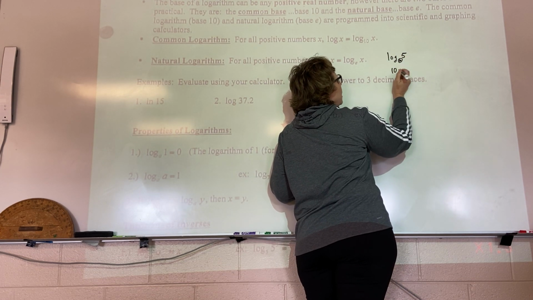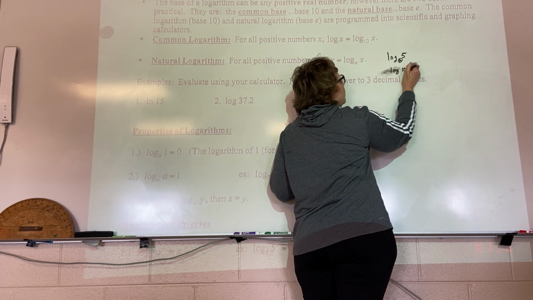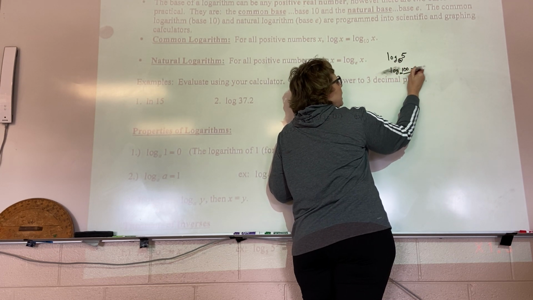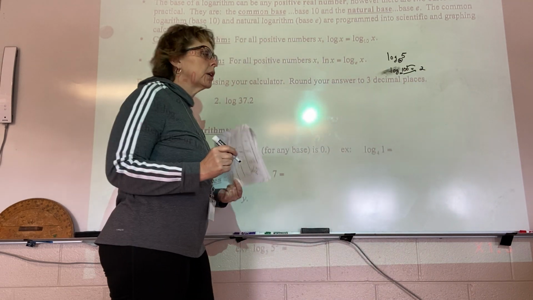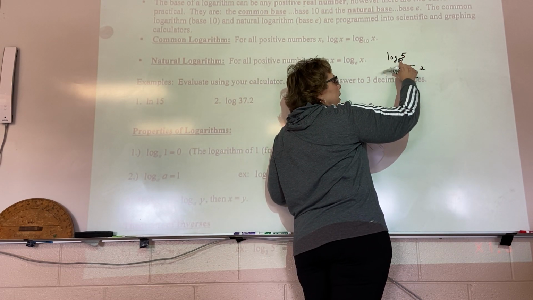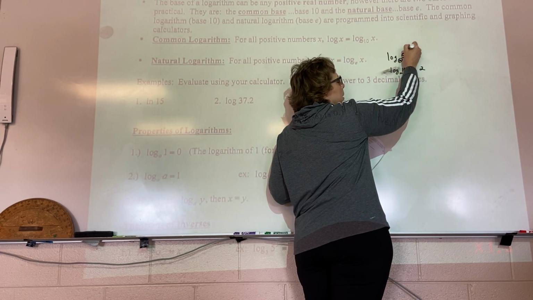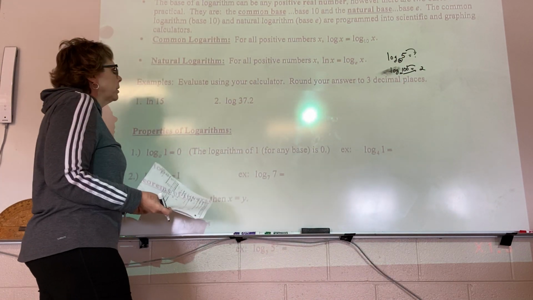So an easy one, log of 100 just means 10 to what power gives me 100, and that'll be a 2. Now, of course, when I have log of 5, 10 to some power has to give me back 5. Well, it'll be a decimal. All right? And so that's called a common log.